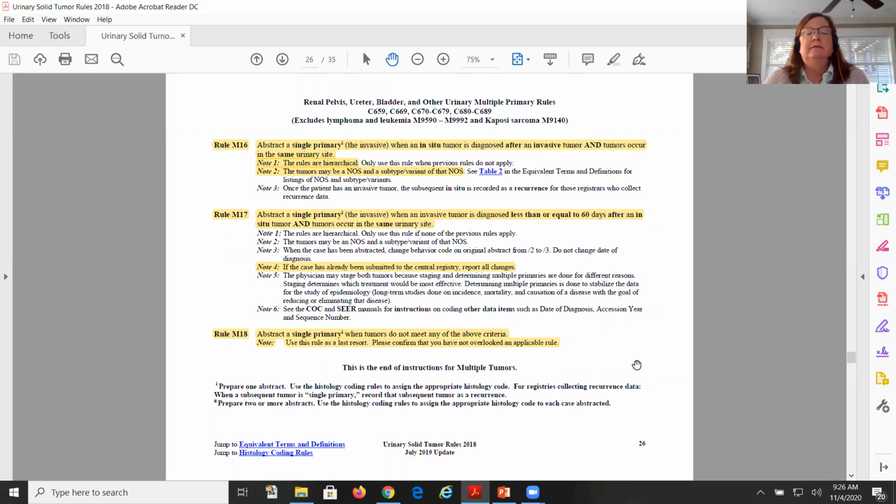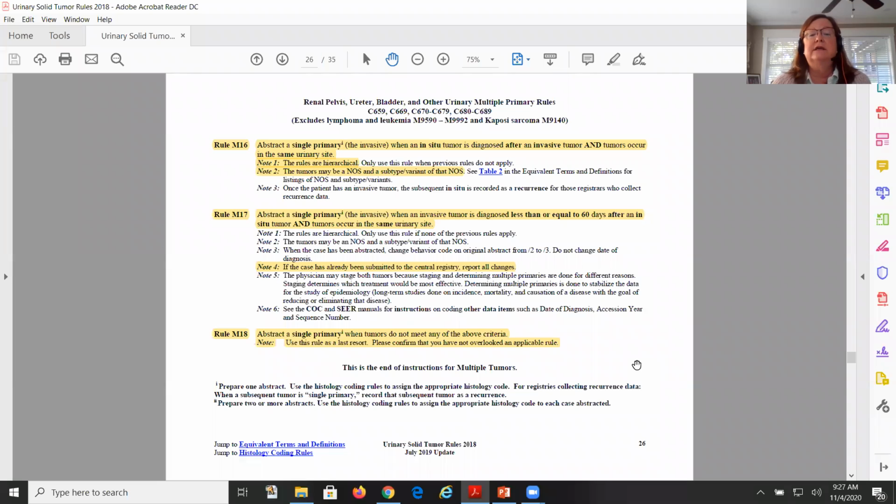M16, abstract a single primary when an in situ tumor is diagnosed after an invasive tumor and tumors occur in the same urinary site.